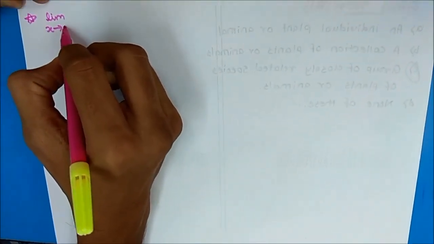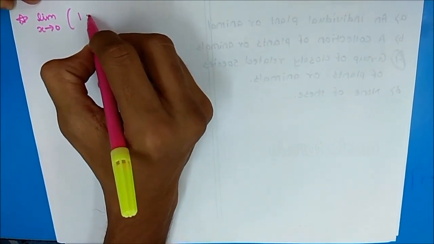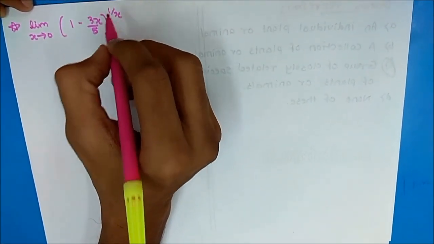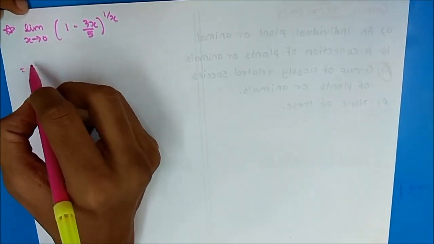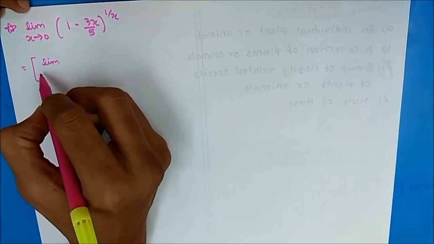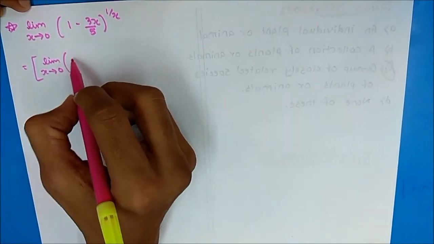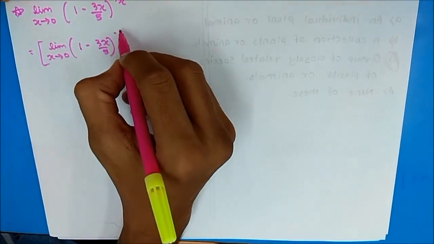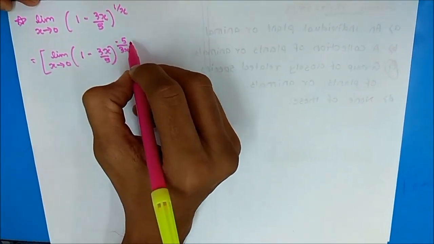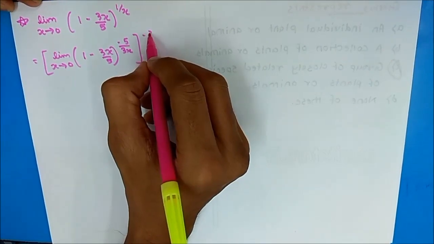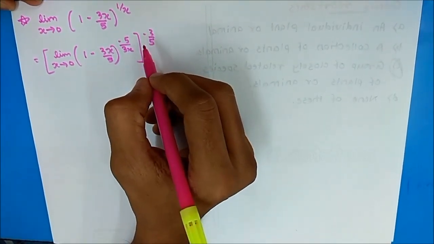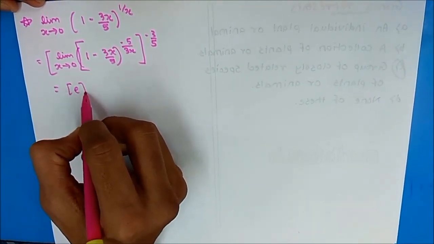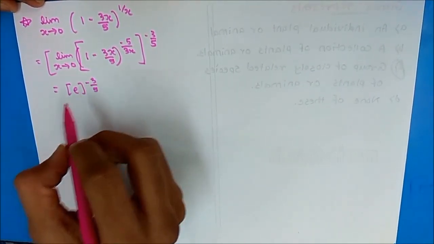Limit x tends to 0 (1 minus 3x upon 5) raised to 1 upon x. So the answer would be limit x tends to 0 (1 minus 3x upon 5) raised to minus 5 upon 3x times minus 3 by 5, that is e raised to minus 3 by 5.